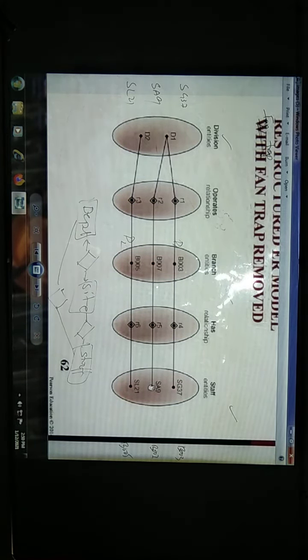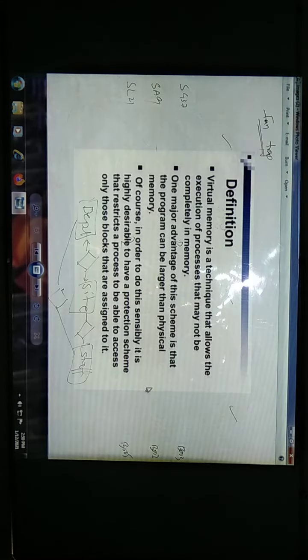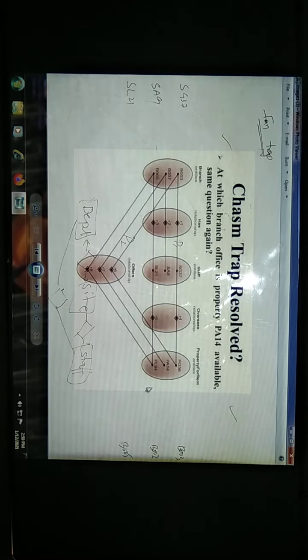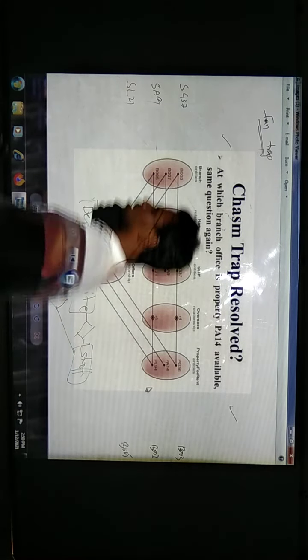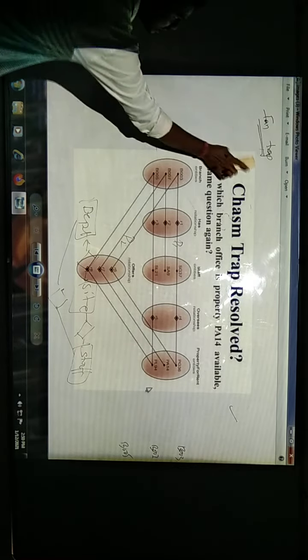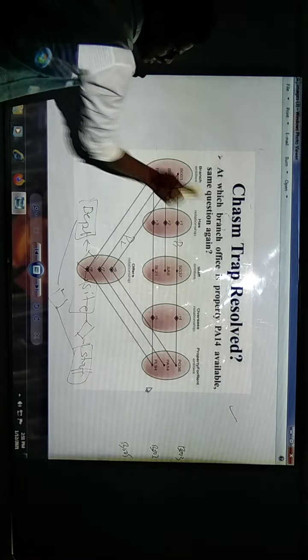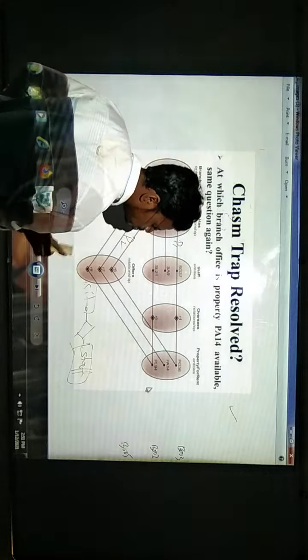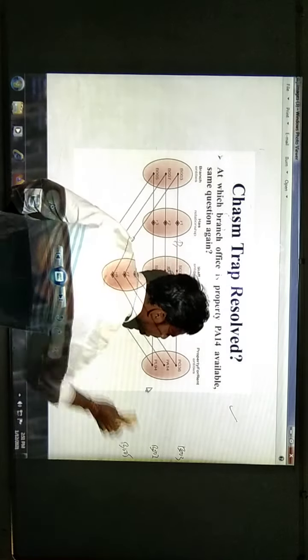And then next you see, we are having one more trap, that is Chasm trap. See the picture and try to understand what this Chasm trap is. In the previous case, in the case of fan trap, we are having ambiguity when we are going for many to one relation, many to many relation.